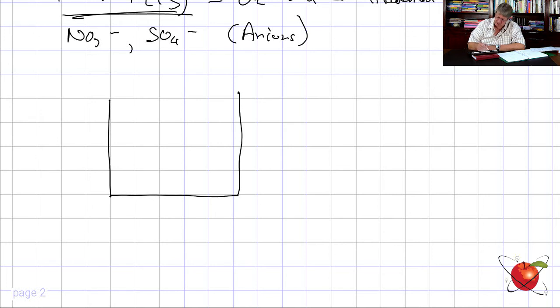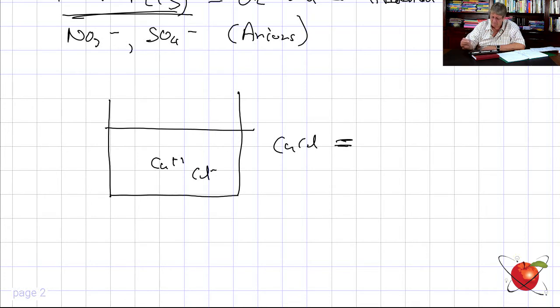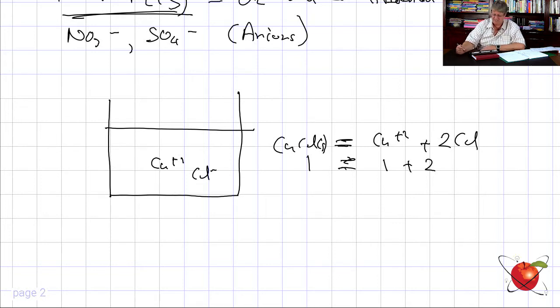And inside here we've got CuCl2, which means we've got Cu 2+ and Cl minus ions wandering around. Please note, it goes from a solid to Cu 2+ plus 2Cl minus. It is 1 mole to 1 mole plus 2 moles. Very important that we recognize that.